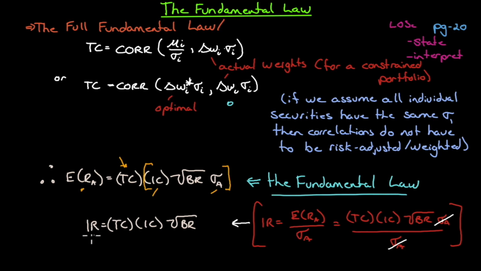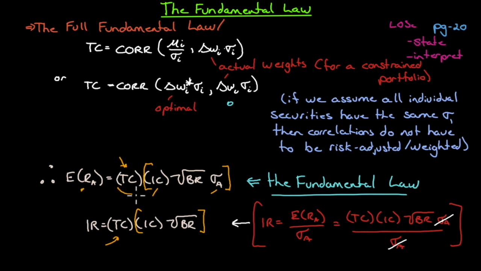The information ratio before we said was equal to this. Well, if we stick TC in front, we get the information ratio for the full fundamental law. To see that this is what this equals, remember the information ratio was the expected active return over active risk.